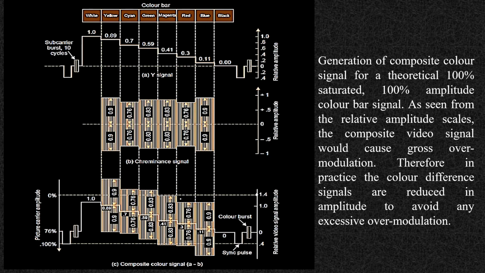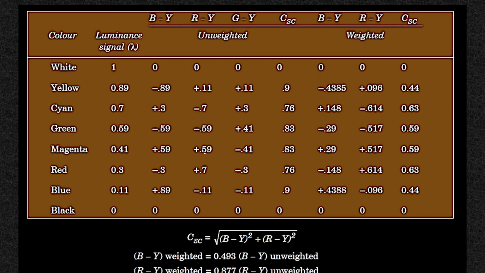Okay, so what is done here: instead of transmitting B minus Y and R minus Y as they are generated, they are weighted by some factor. So if you see, your B minus Y signal will be weighted by 0.493, and your R minus Y signal will be weighted by 0.877.